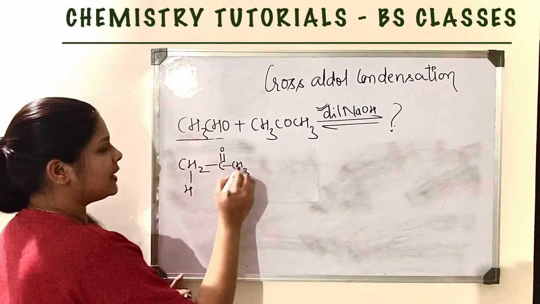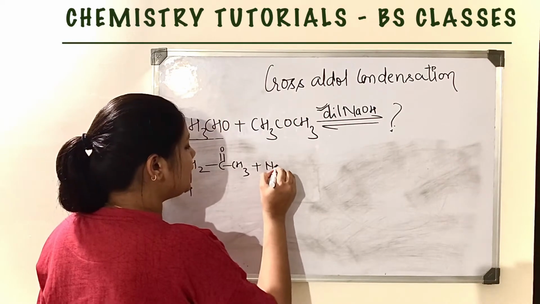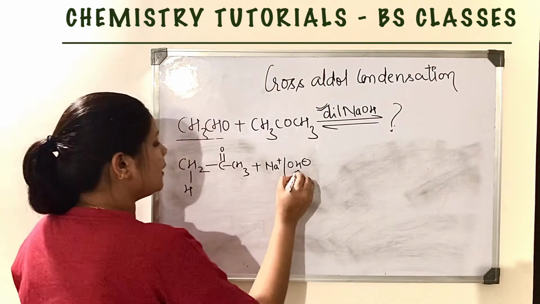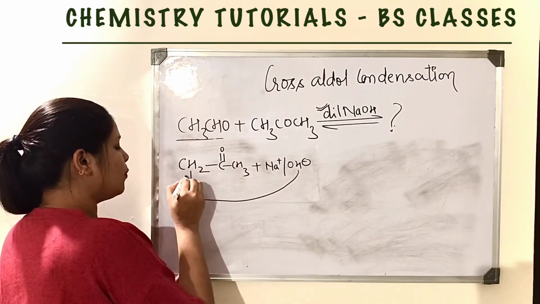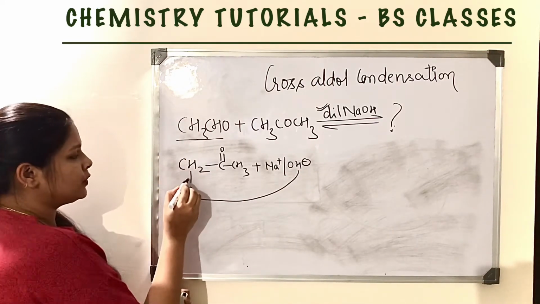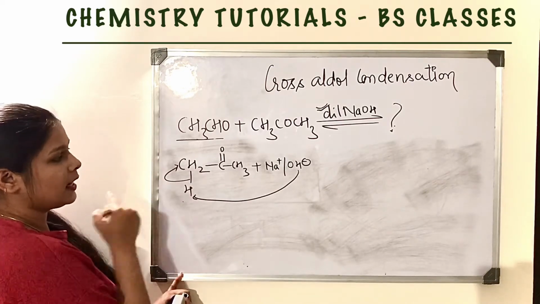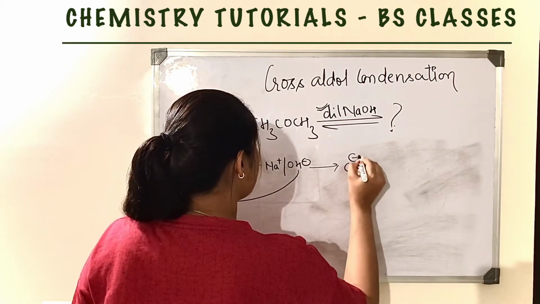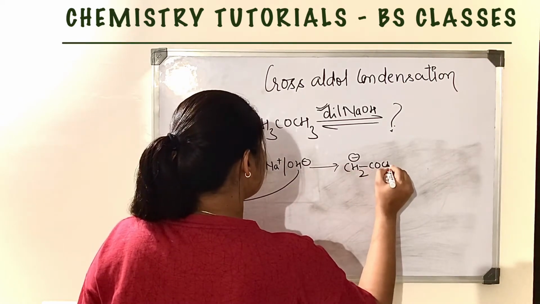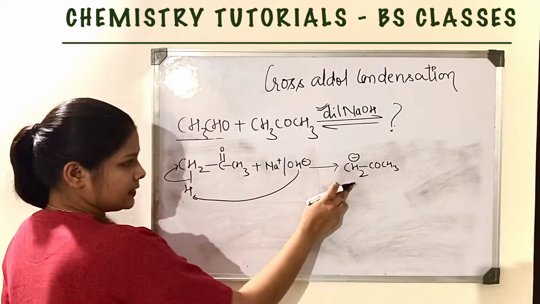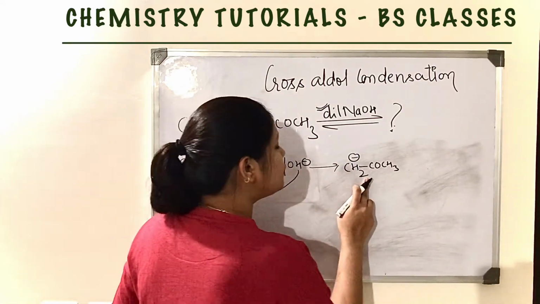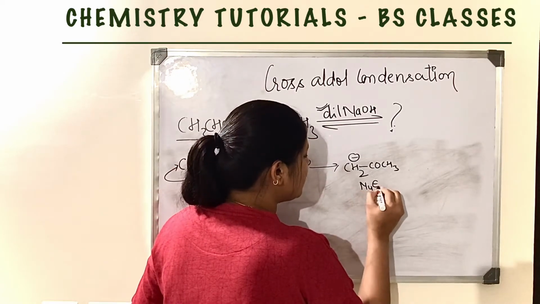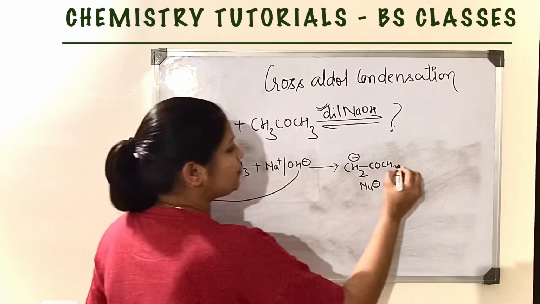Here also we have base in the medium, then this base will split into H plus and OH minus, and OH abstracts this H plus, and the bond between this carbon and hydrogen is completely shifted to this carbon and forms a carbanion, CH2 minus COCH3. Now it will act as a nucleophile, then it needs an electrophile for the further reaction. Then we have to take another molecule of this ketone.